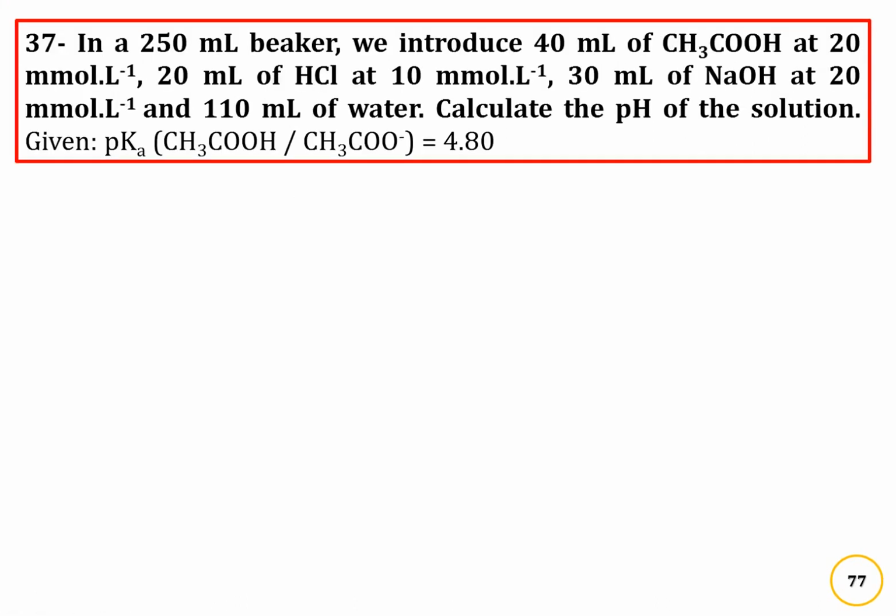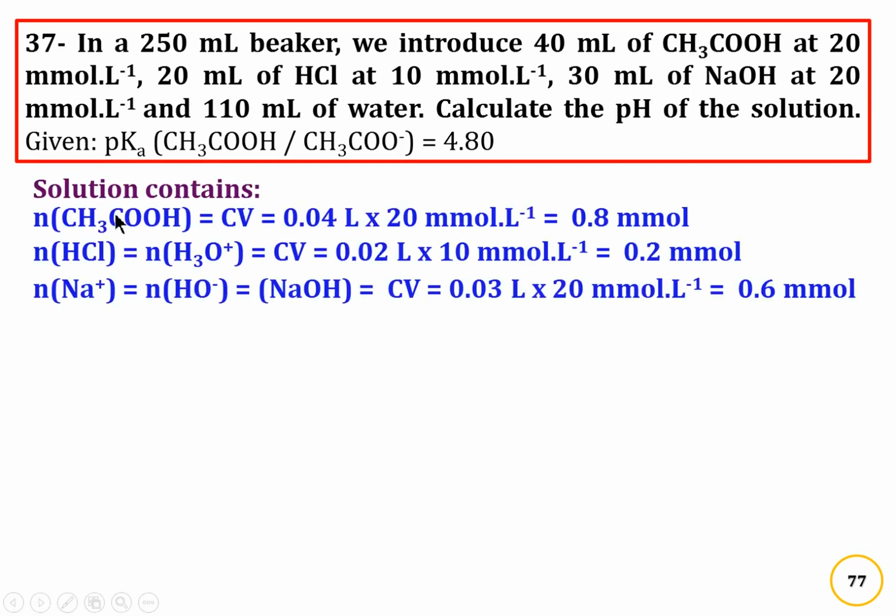Exercise 37. In a 250 mL beaker, we introduce acetic acid, HCl, NaOH and water. Calculate the pH of the solution. In this type of exercise, we add a base to two acids, so we will necessarily have two reactions.